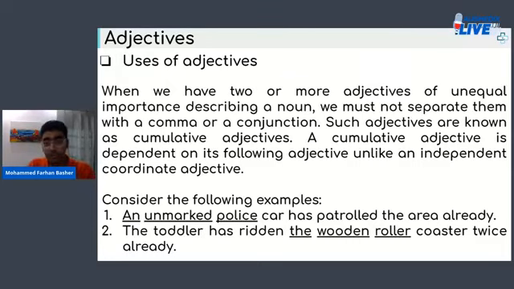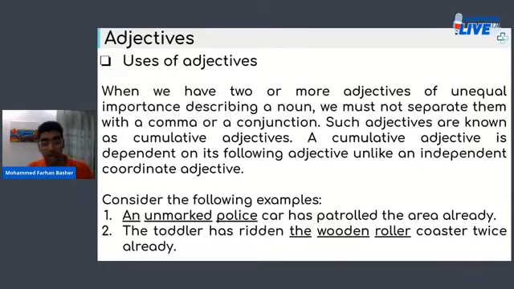But things are not so simple at times, and you come up with several adjectives before a noun, but those adjectives are not equally important. Like our example here, an unmarked police car.